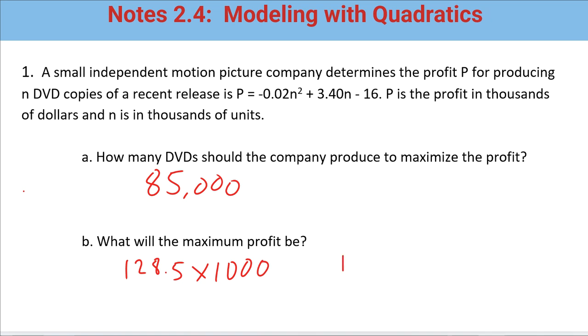So I'm going to shift that decimal 3 places to the left. Right, 1, 2, 3. So they're not making much money on that. 128 times 1,000, 128,000. So $128,500.